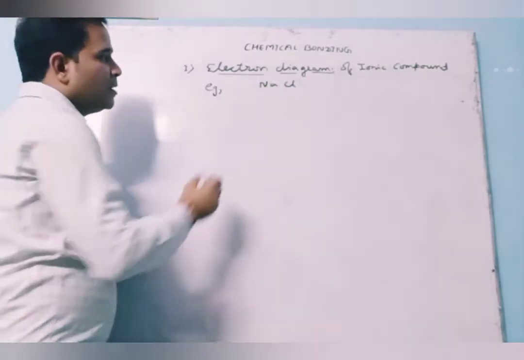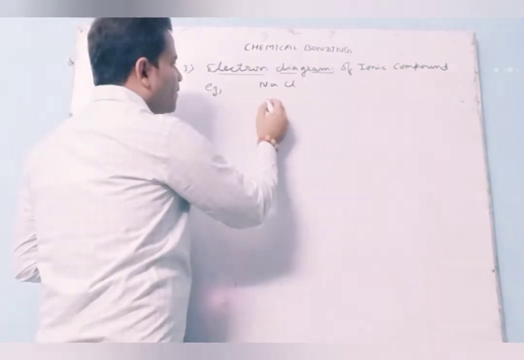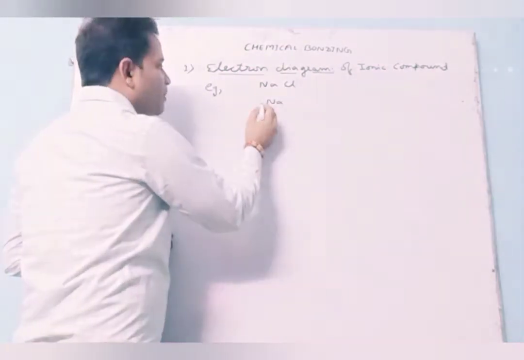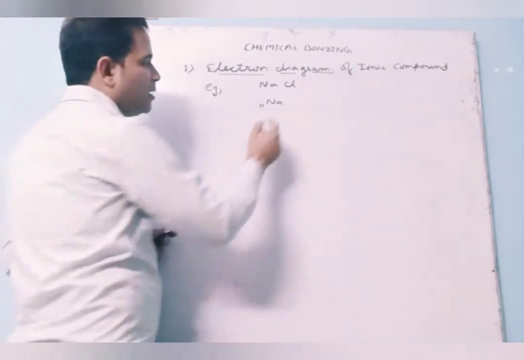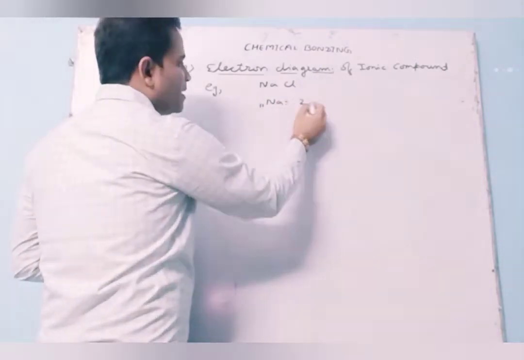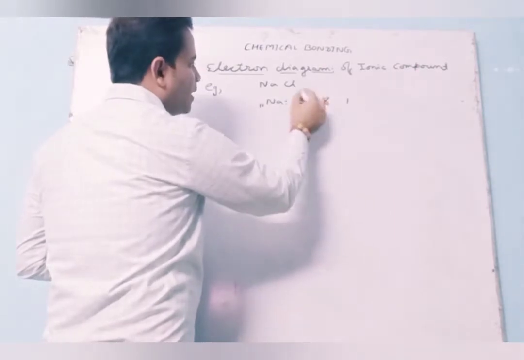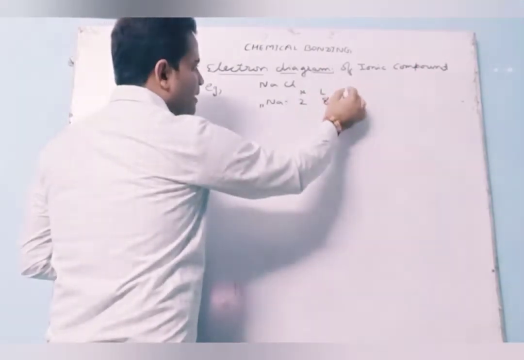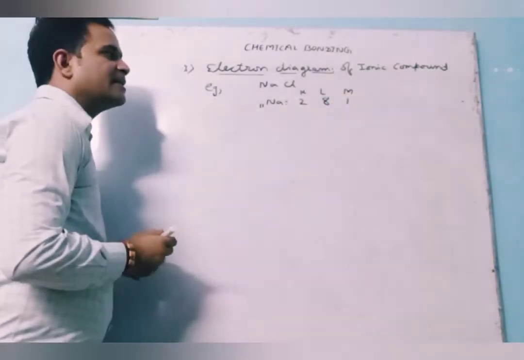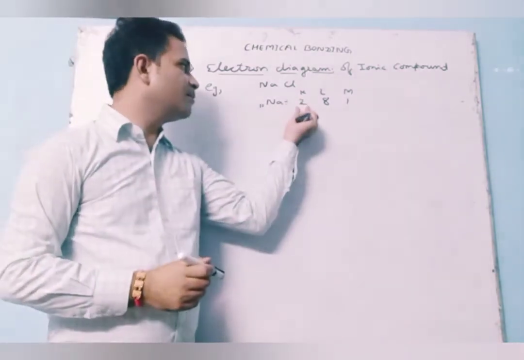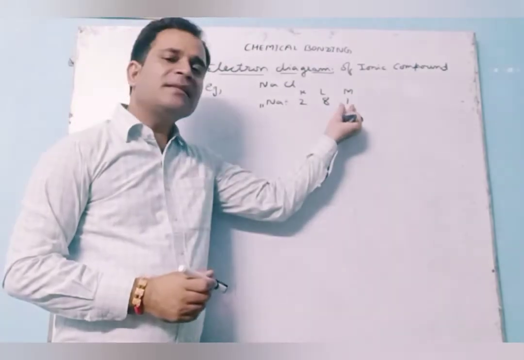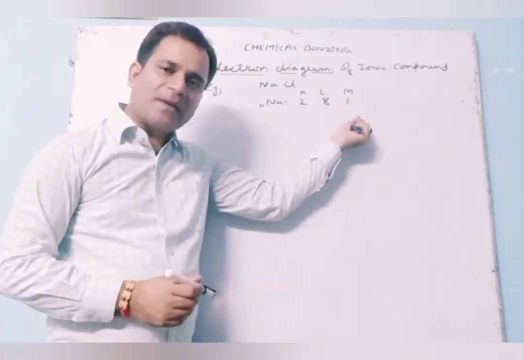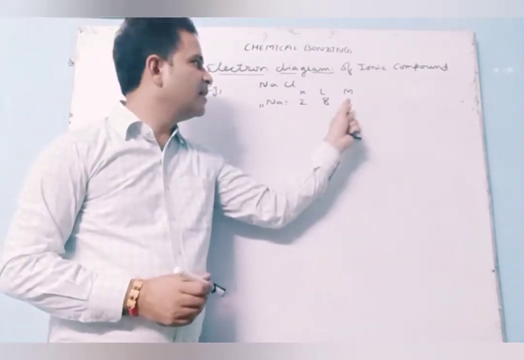Clear? So in NaCl, first of all we write the atomic number. We know that the atomic number of sodium is 11, so the electronic configuration is 2, 8, 1 in the K shell, L shell and M shell. In the K shell 2 electrons are present, in L 8 electrons, and in the valence shell, the outermost shell of an atom, 1 electron.